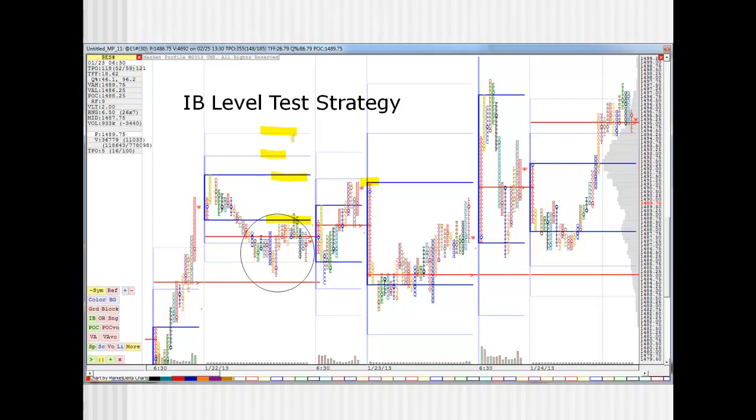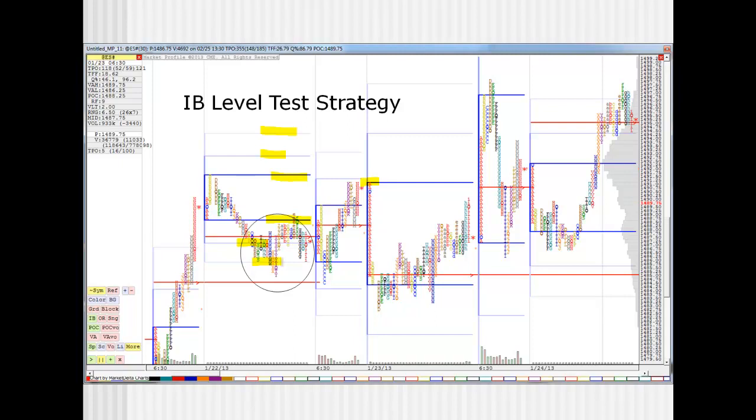Now, instead of focusing on the initial balance high or the initial balance low, as prices deviate away from the initial balance, all of a sudden we may be testing 150% or we may be testing the 200%.